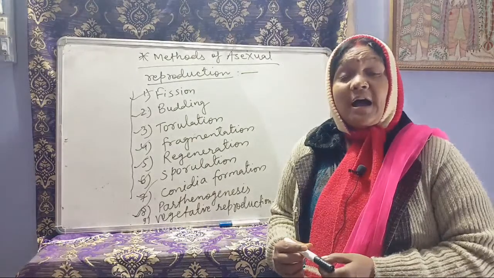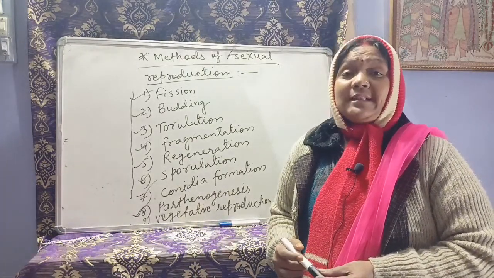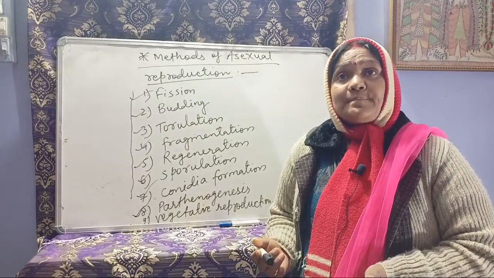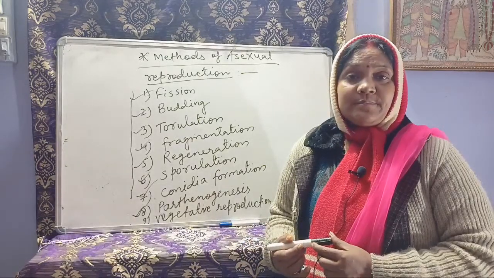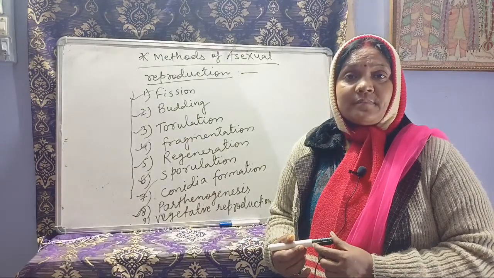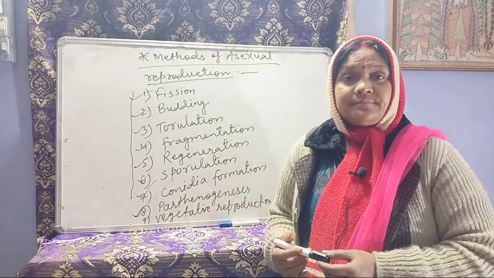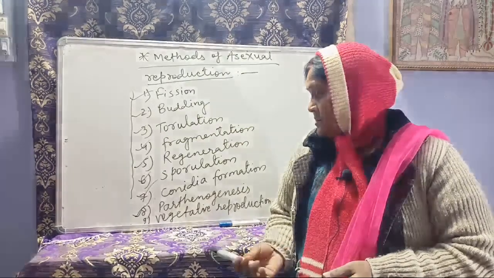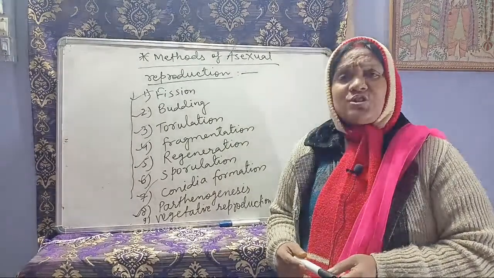In case of higher organisms, asexual methods are apospory, apogamy, apomixis, parthenogenesis.